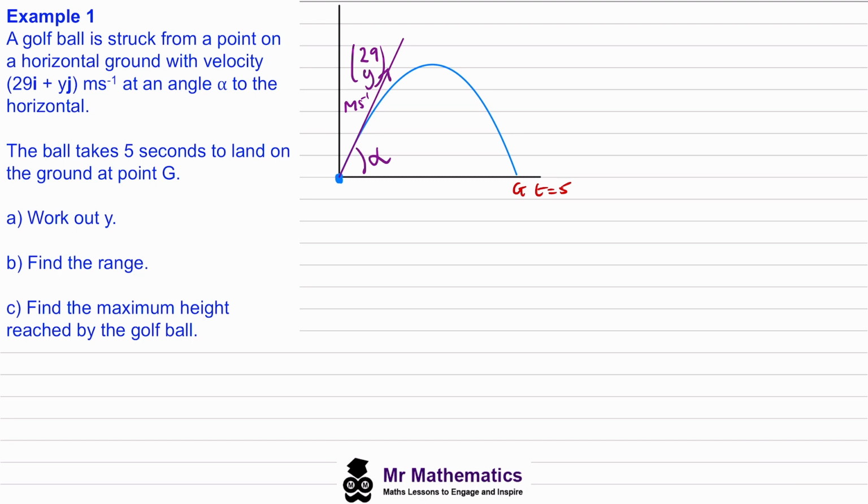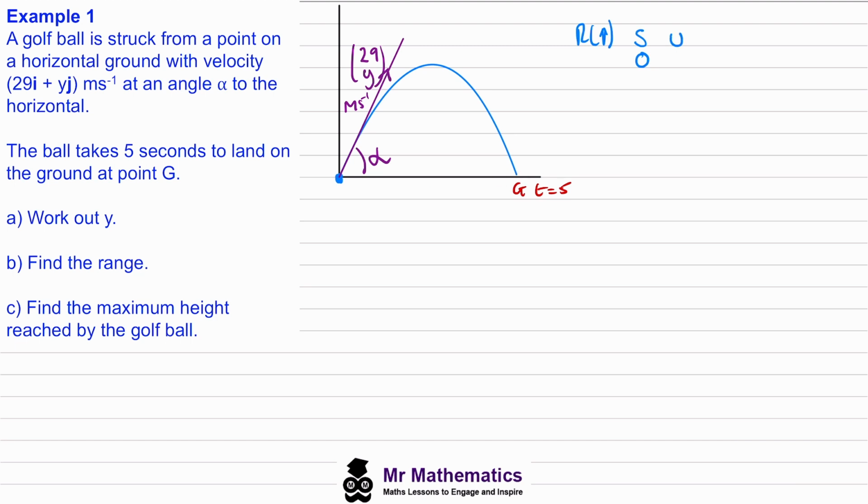Okay, so to work out y, we need to think about resolving vertically upwards, because y is the upwards vector. So resolving upwards, we can use our CVAT equations. The displacement is 0, because it starts here, travels up and comes down, so it's 0 displacement from where it was initially.